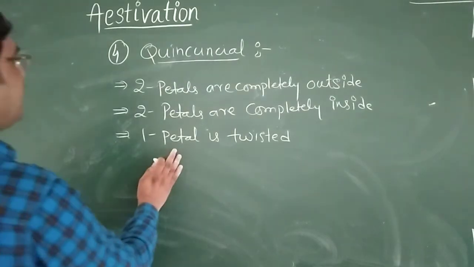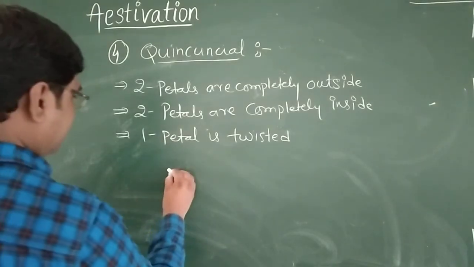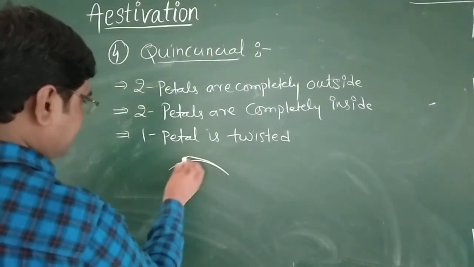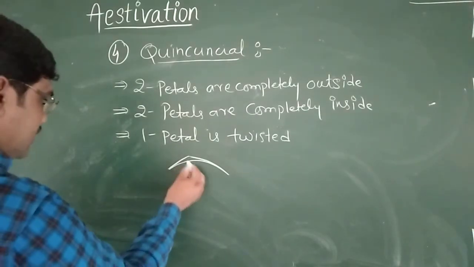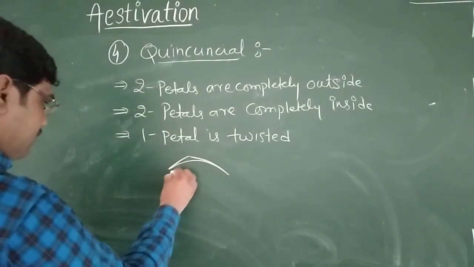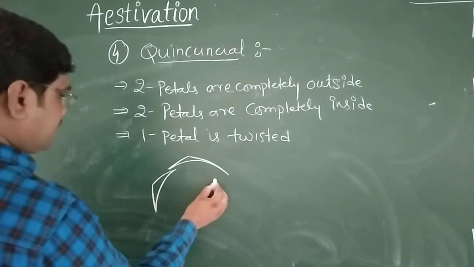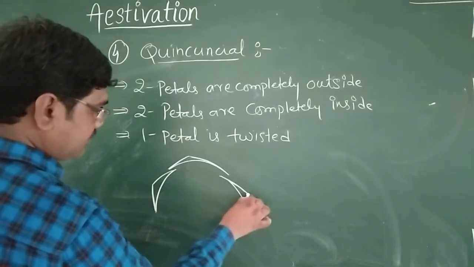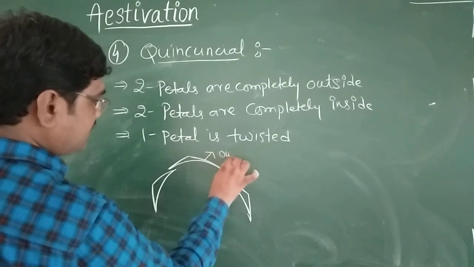See what the arrangement of quincuncial is. Here this is one petal. This petal is completely outside. Under this petal, the remaining two petals are there. Okay? Here this petal is completely outside.